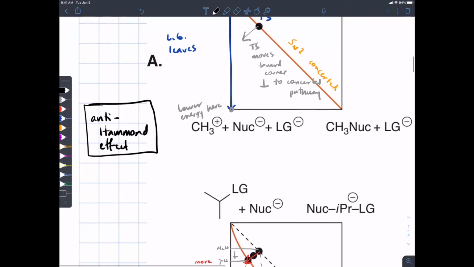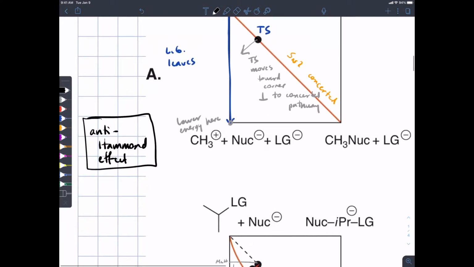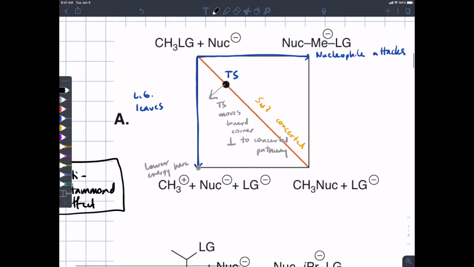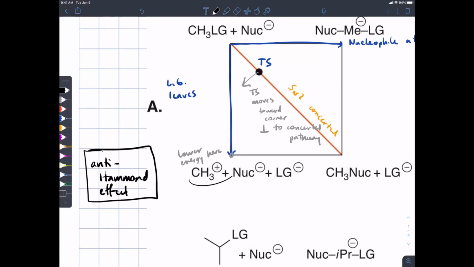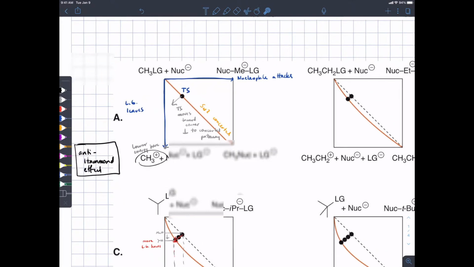But for this continuum between SN1 and SN2, if you stabilize the carbocationic intermediate, the transition state gets more carbocation-like and less nucleophilic attack.